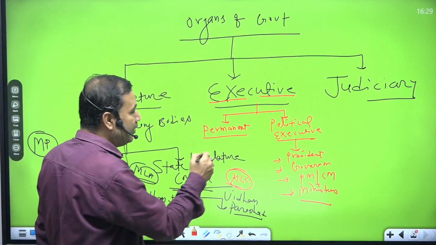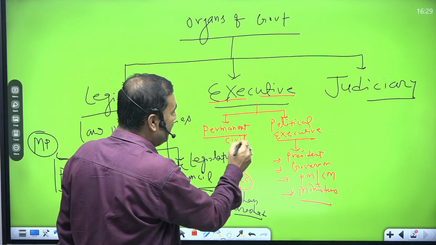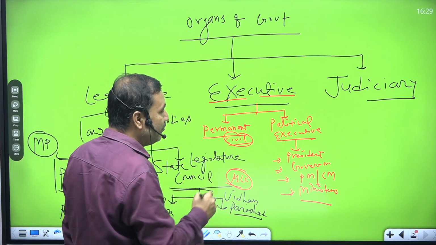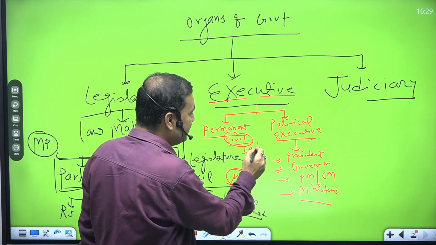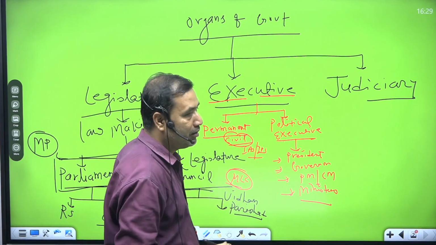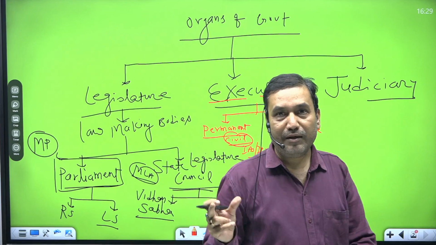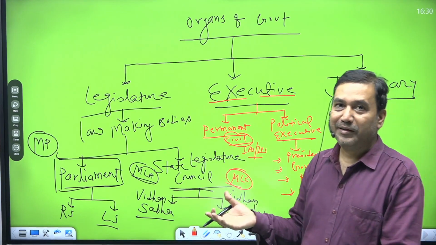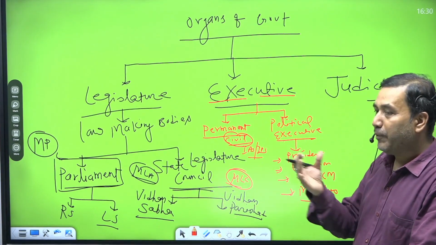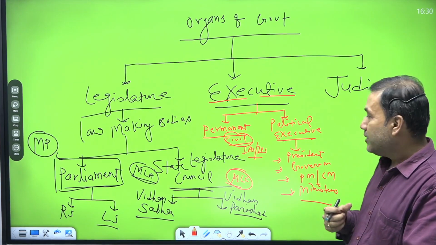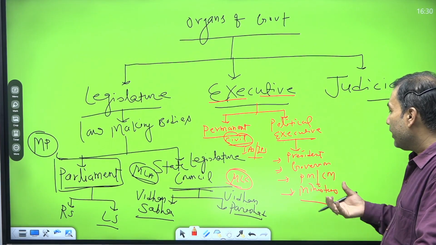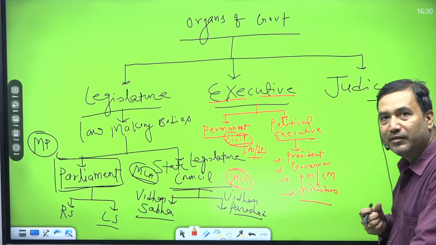And the permanent executive is the civil servants, that is, bureaucrats in simple words, for example IAS, IPS. Both are executive bodies, but there are little differences between permanent and political executive. The political executive are the president, governor, PM, CM and the ministers.